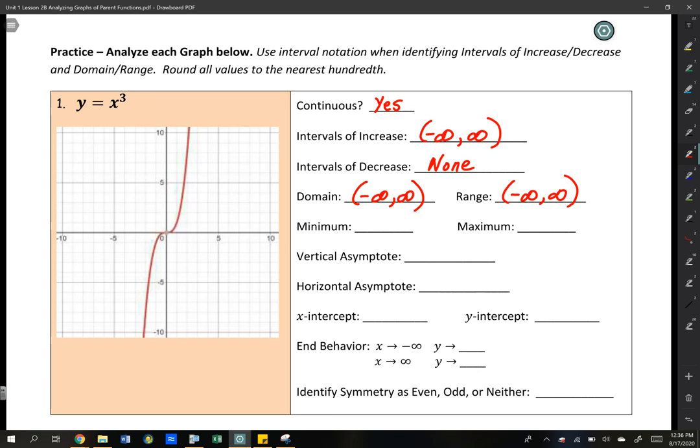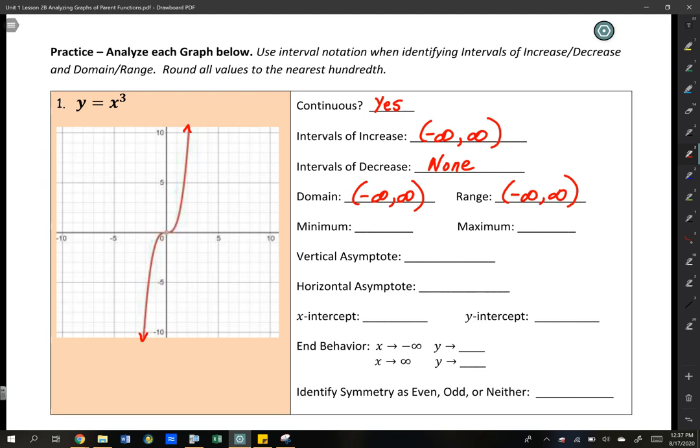Now, the minimum would mean the least value in this graph, and the maximum would mean the largest value in the graph. And we don't have a minimum or a maximum. We have a graph that goes to negative and positive infinity, and we don't have any absolute large values or absolute low values in this graph.